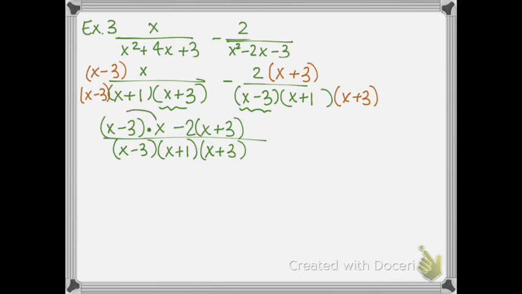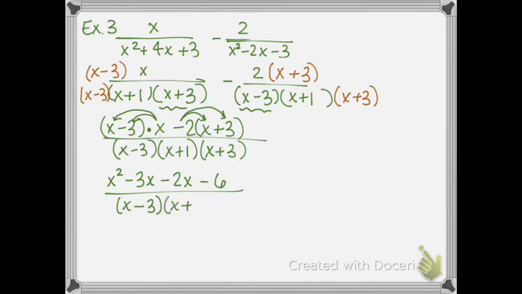So what we're going to do is first distribute, and then combine some like terms. So we're going to distribute the x here, and then we're distributing the negative 2 here. So we get x squared minus 3x minus 2x minus 6. And then we rewrite the denominator.